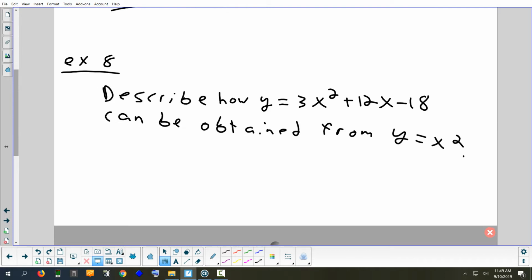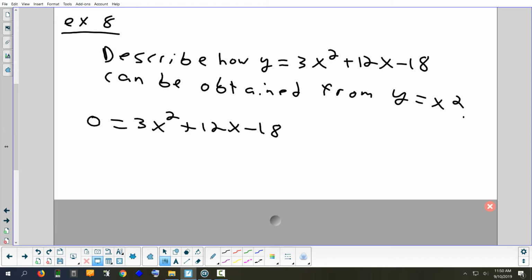To complete the square, first thing you have to do is move the constant to the other side. We can start with it like this, where you get it equal to 0 if you want, but then you've got to put the constant on the other side.